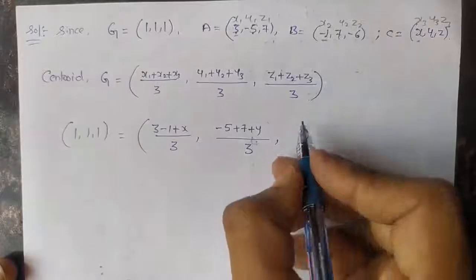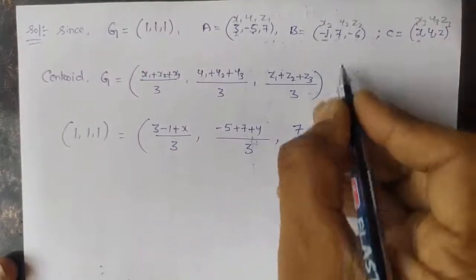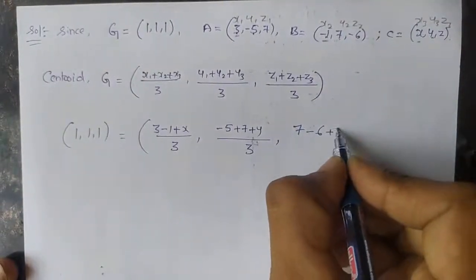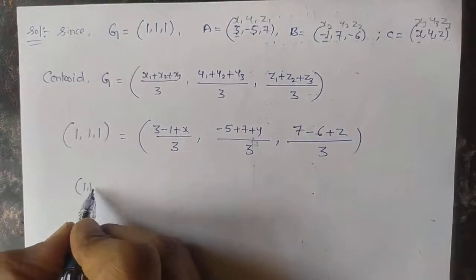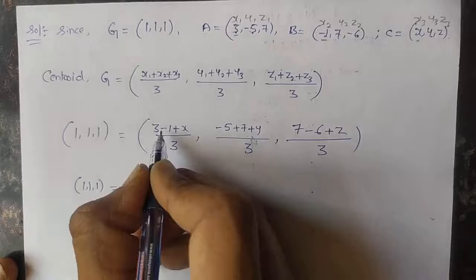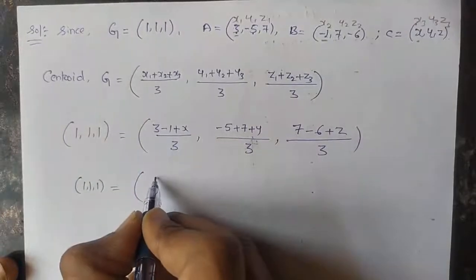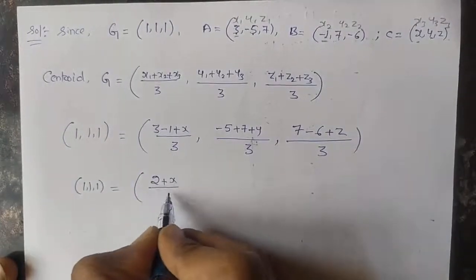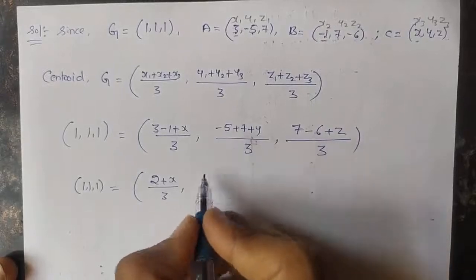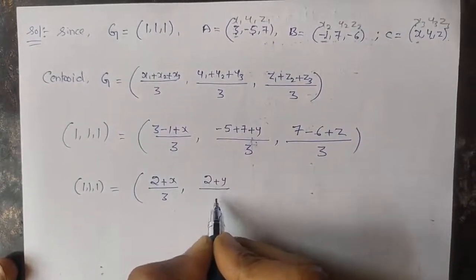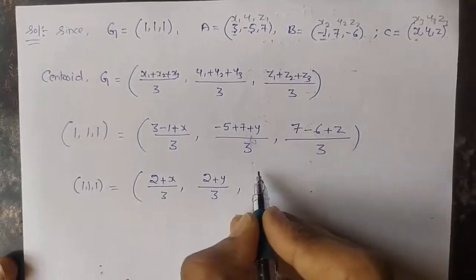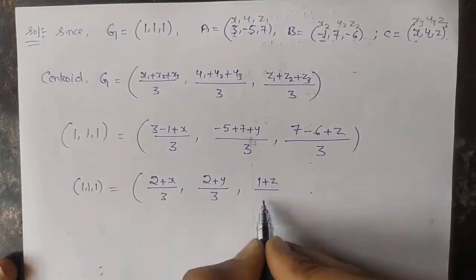Next, z1 7 minus 6 plus z divided by 3. Simplify it. 1, 1, 1 equals to 3 minus 1 is 2 plus x divided by 3, minus 5 plus 7 is 2 plus y divided by 3, 7 minus 6 is 1 plus z by 3.